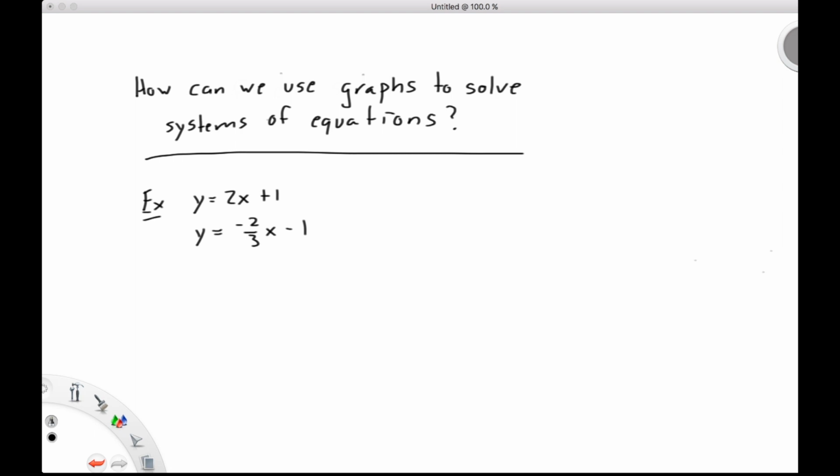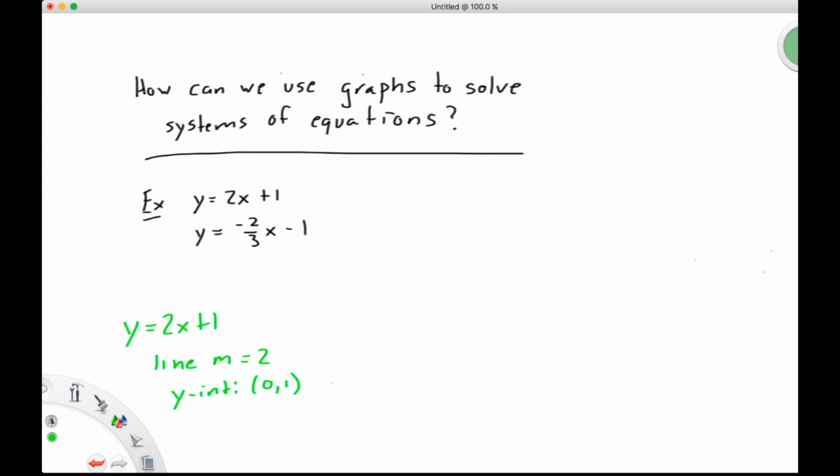Well, each of these equations, let's take, for instance, y is equal to 2x plus 1. That's going to be a line on a graph. As we said, it's going to be a line with a slope of 2 and a y-intercept intersecting the graph at the point 0, 1.